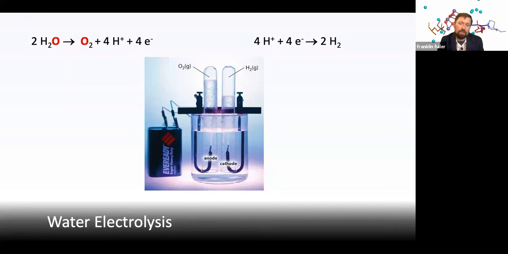What will happen is that oxygen gas is going to form at one of the electrodes, and hydrogen gas is going to form at the other electrode. What's happening at the oxygen forming electrode is the water oxidation reaction. What's happening at the hydrogen forming electrode is that the hydrogen ions formed in the water oxidation side mix with electrons, and they recombine into hydrogen gas.